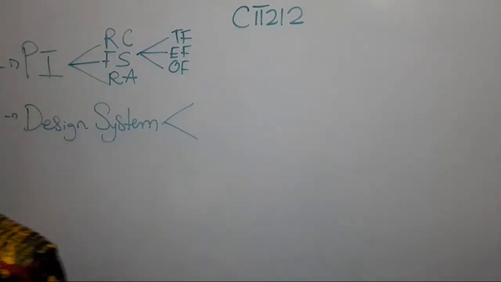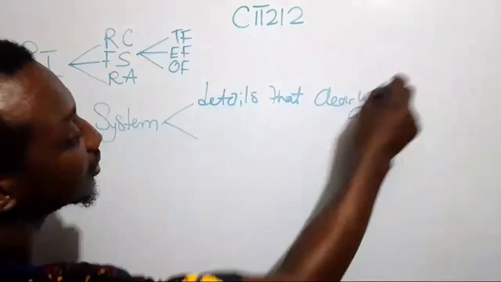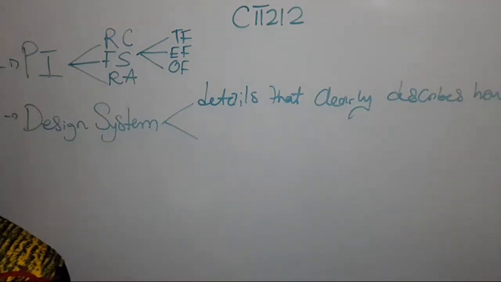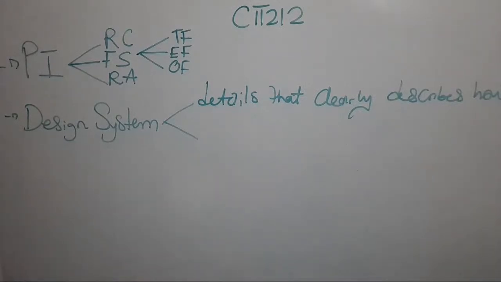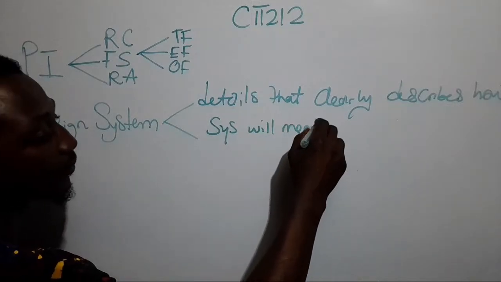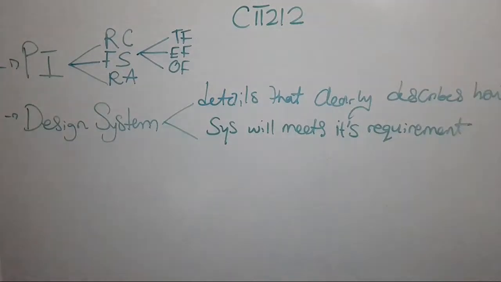When we say system design, the design of an information system produces the details that clearly describe how a system will meet its requirements.